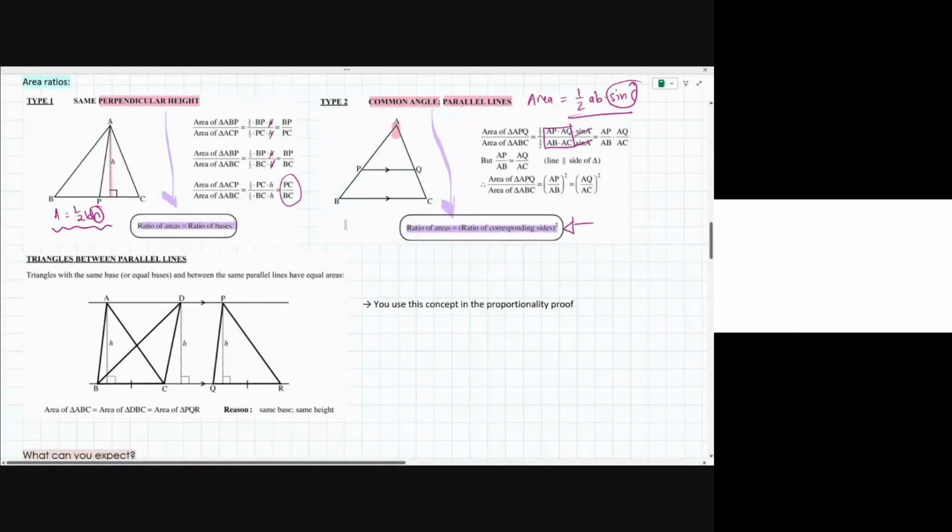I personally don't remember those last 2, because I don't like this section. But you could remember those 2 facts in order to check your answer. Not something I remember. I just remember same perpendicular height, half base times height, common angle, sine rule. It's not sine rule, area rule.